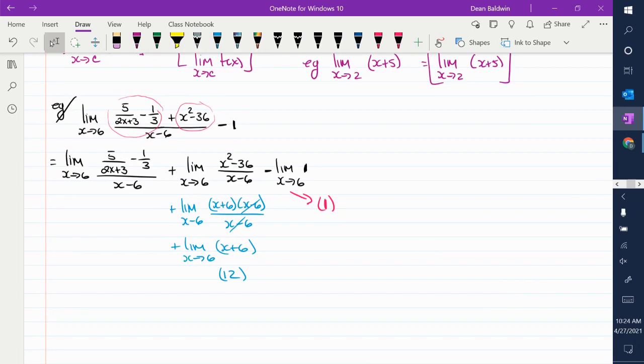And then the final one, we need to deal with the fractional one. What do we do with the fractions? Common denominator on the top, put the fractions together. So the cheater way, remember, is that's your common denominator, and the 3 goes there, and the 2x plus 3 goes there. So you end up with 3 times 5, which is 15.